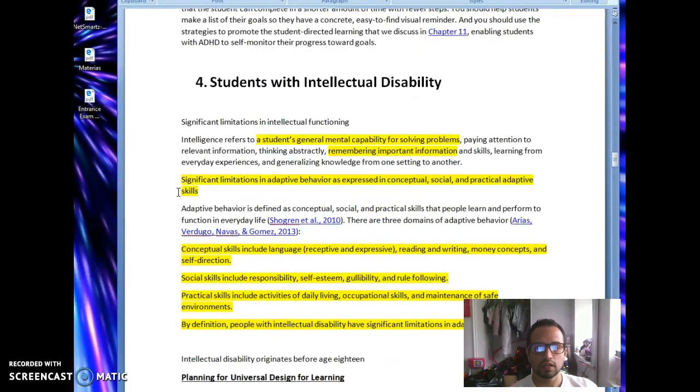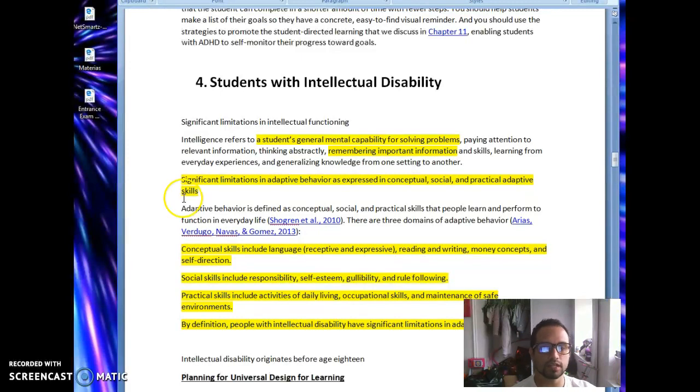Number four is students with intellectual disability. When it mentions intellectual disability, they're talking about the capabilities of problem solving. If they're presented with homework, they say I can't do it. If they're presented with assignments, they have trouble understanding them.